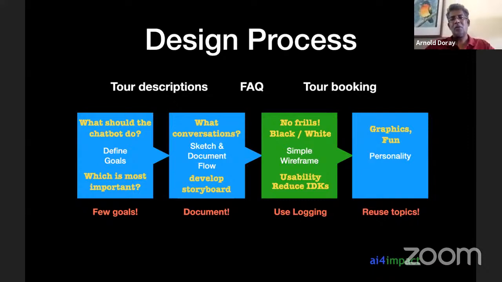Now we're at the stage where we have defined the flows, we know what we want to do, and it's time really to start coding like we did for the MEMS plus rooms just now. The idea is that you really want to aggressively keep it simple first and aggressively use the logging on the IDKs to determine where you have missed maybe some valid responses.